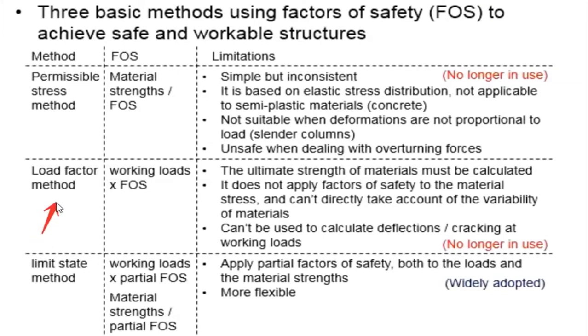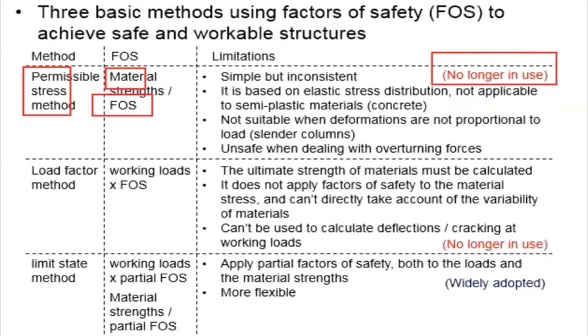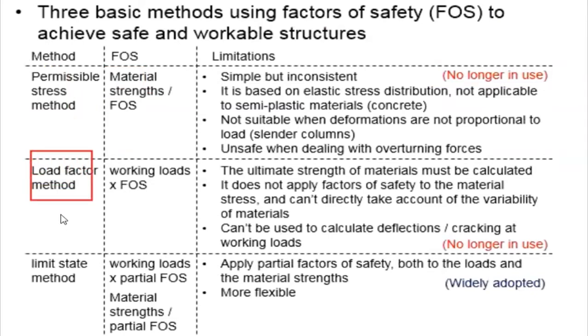The second one is the load factor method. For the permissible stress method, the factor of safety is the material strength over the factor of safety, and this is no longer used. But once you consider the load factor, you take the working load times the factor of safety. The limitation is that the ultimate strength of the material must be calculated.